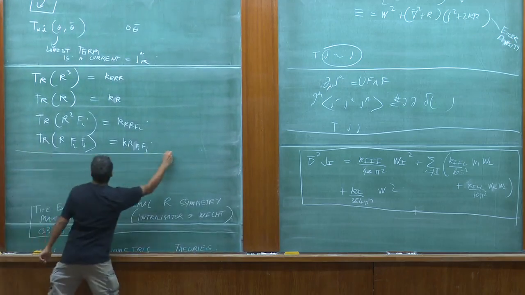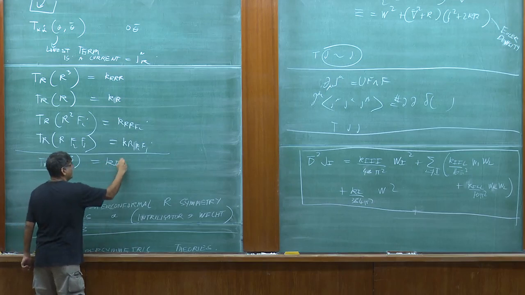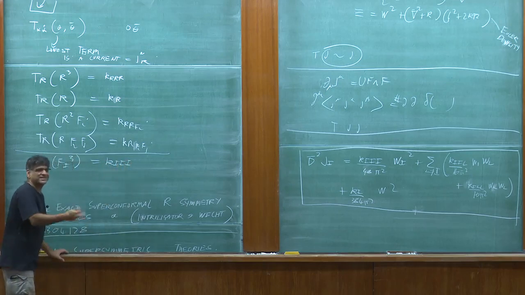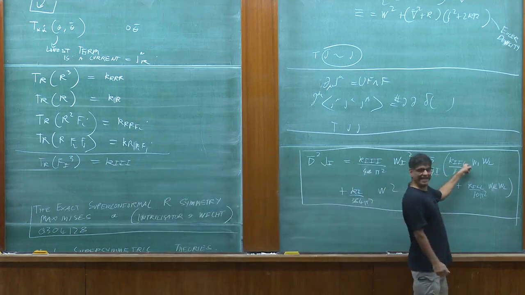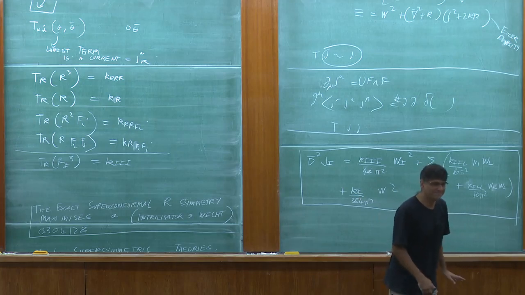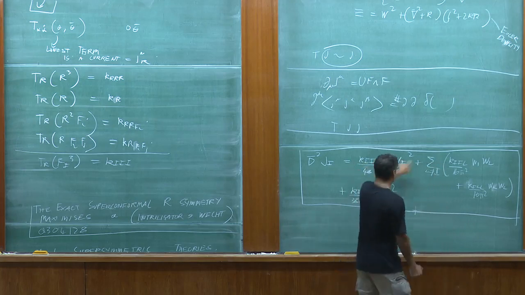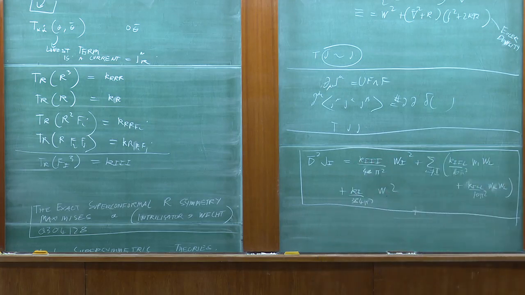Okay? So, trace of Fi cube will be Kii. Trace of Fi squared Fl will be Kiil, and so on. Okay? So these are the various anomaly coefficients. What is Ki? This is trace of Fi, and it's relevant to the gravitational anomaly of the ith flavor current.